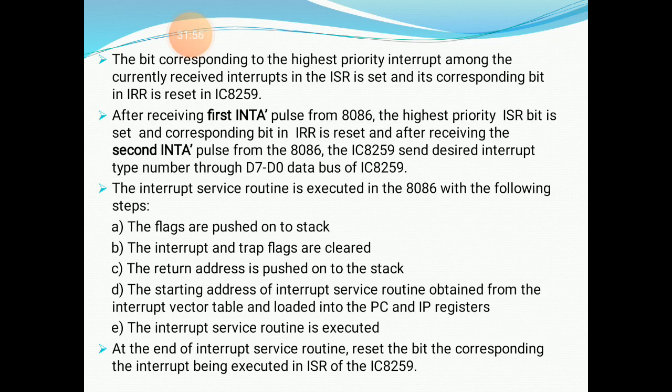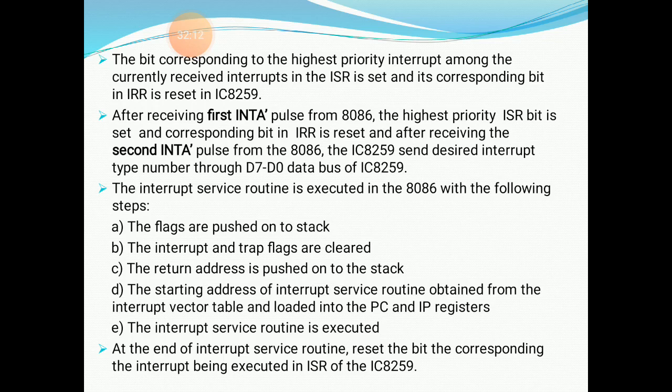CS means code segment and IP means instruction pointer registers. Here PC represents the CS and IP registers. After loading the CS and IP registers, the processor executes the ISR program.